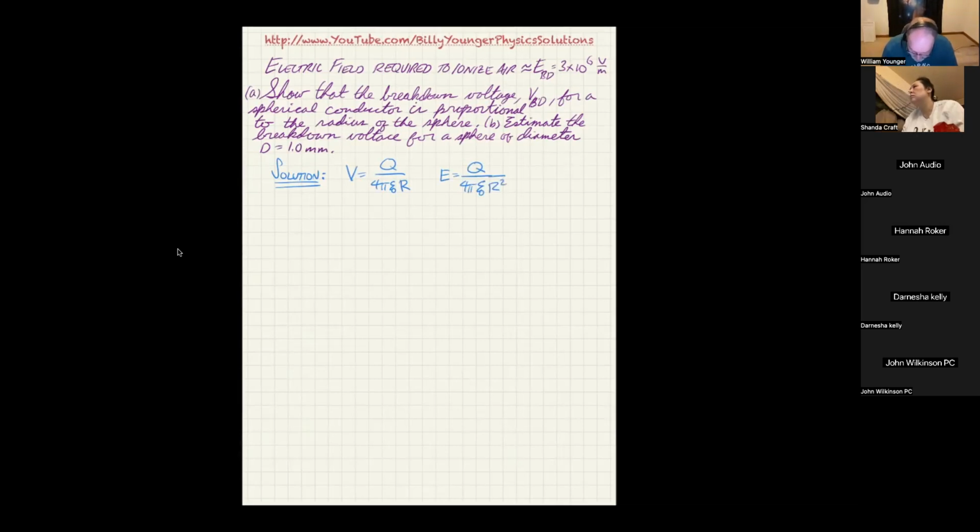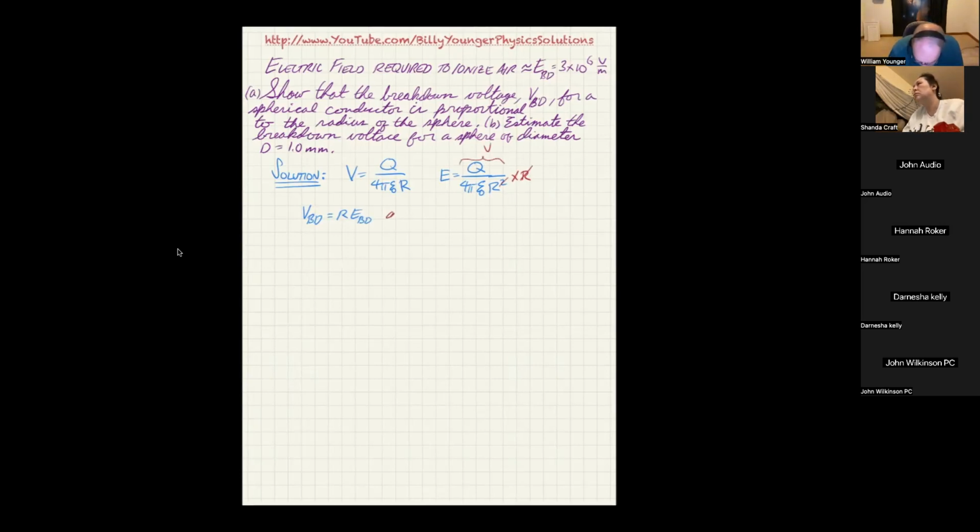That's what our electric field strength is. So from that, I think you can automatically see that V breakdown would equal just plain R times E breakdown, because if you multiply R times E, you get V. So that's exactly why it is.